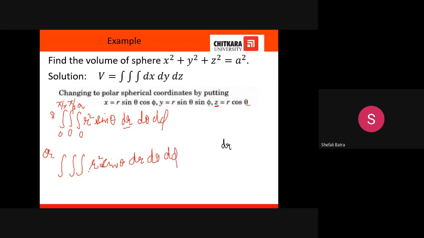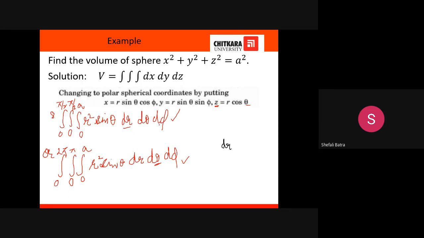This is the radius, so varying from 0 to a. Now this angle is theta, the angle along the z-axis, so its variation would be 0 to pi. And phi is the angle along the x-axis, so its rotation would be 0 to 2 pi. Either you can solve this or this; in both cases the answer will be the same.